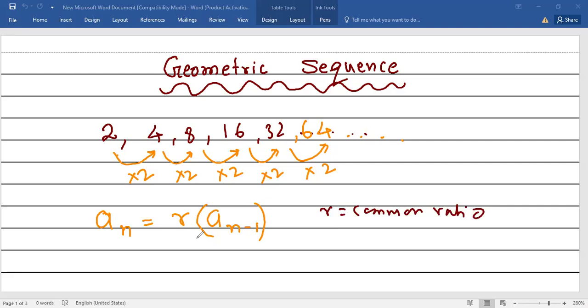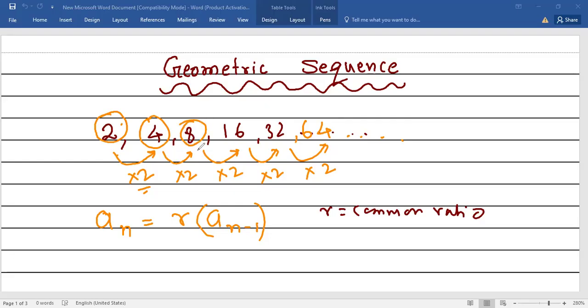So if we know the common ratio, then we can go on generating the entire geometric sequence. Like in this example, 2 is our first term and we know that common ratio is 2. So we will multiply 2 with common ratio, we will get 4. Then we will multiply common ratio to 4 and we will get 8.